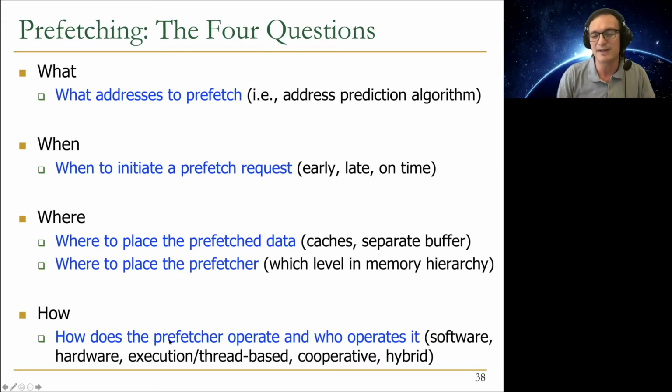So it's a very rich area, as you can see. Clearly, how the prefetcher operates has very important implications on what, when, and where as well. Because, for example, if you're running a thread to do prefetching for some other part of the program, then what addresses to prefetch becomes easier, especially for difficult to predict addresses. And I'm going to show you an example of this.